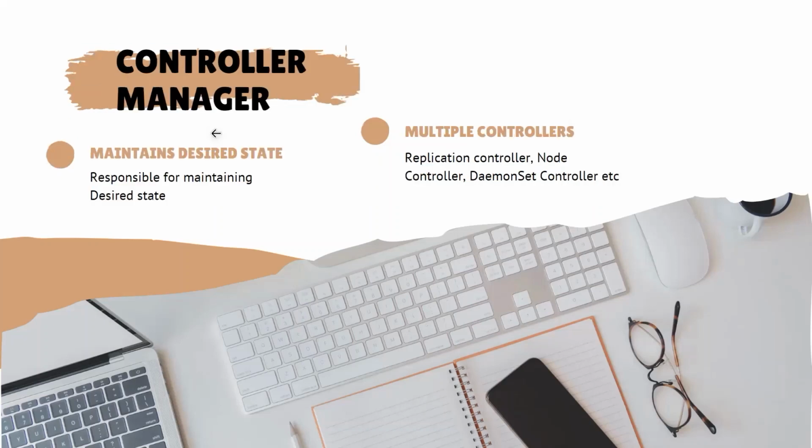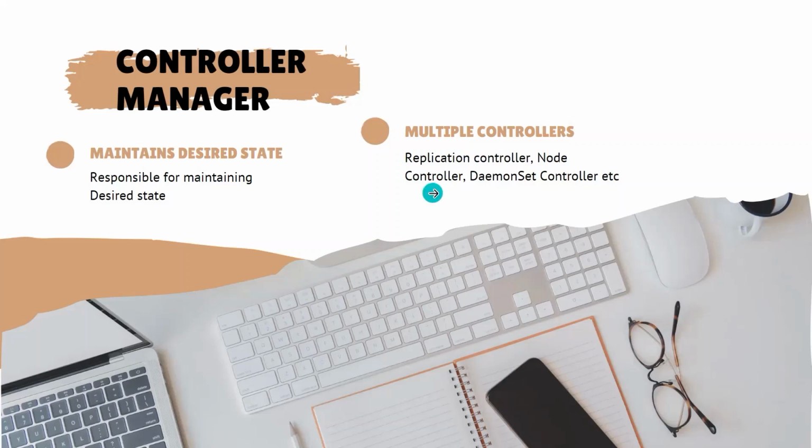The next control plane component that we are going to see is controller manager. This controller manager is also called as kube controller manager. In Kubernetes, we have different types of controllers. For example, replication controller, which makes sure that desired number of replicas of a given application is running.